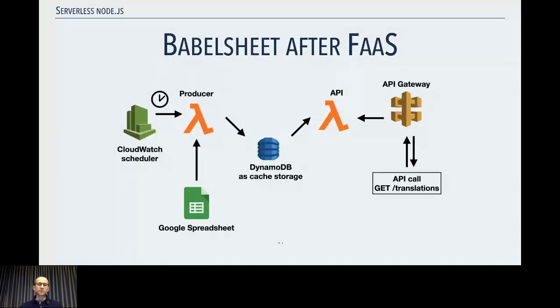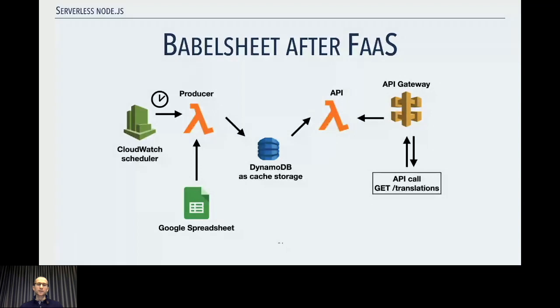If it's scheduled, it fetches the Google spreadsheet, translates it, and stores it in a cache. In this case, it's DynamoDB storage, because it was quite a bit easier to prepare that whole stack with DynamoDB instead of Redis, but there could be Redis too.